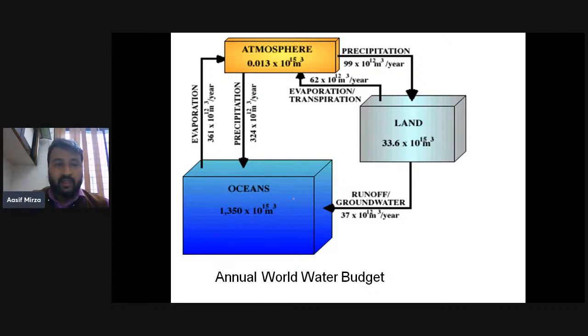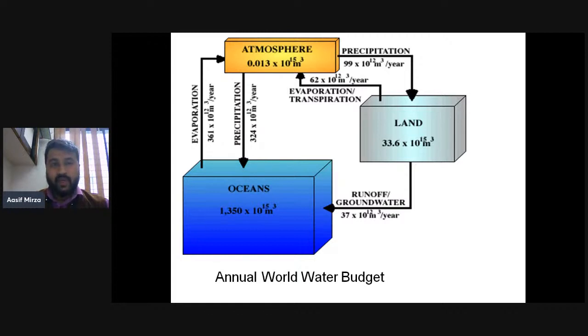Now in the evaporation per year, the water evaporated is 361 into 10 raised to the power 12 meter cube per year, and through precipitation, the amount of water received in the ocean through the atmosphere is 324 into 10 raised to the power 12 meter cube per year. So whatever amount is evaporated, a lesser amount of water is received through precipitation in the ocean.